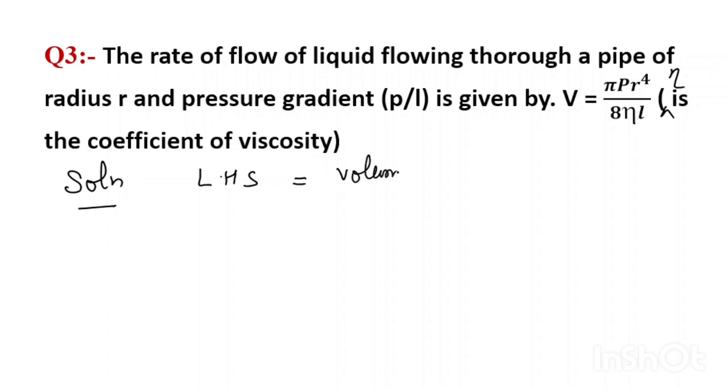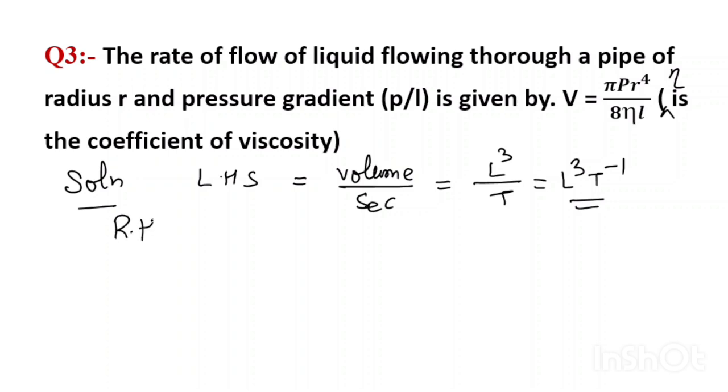Rate of flow of liquid means volume per second. Dimension of volume is L cube. Time is T. So the dimension of volume per second or rate of flow of liquid is L cube T minus 1.